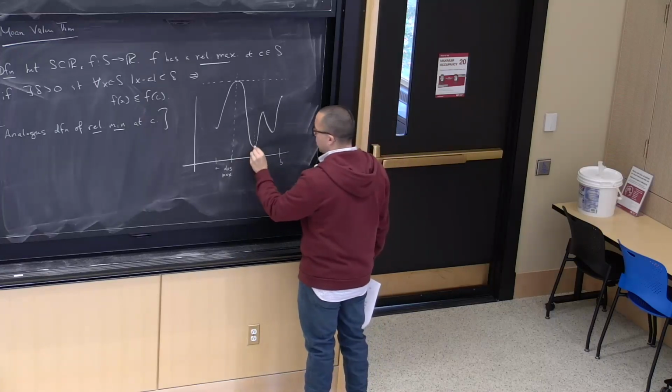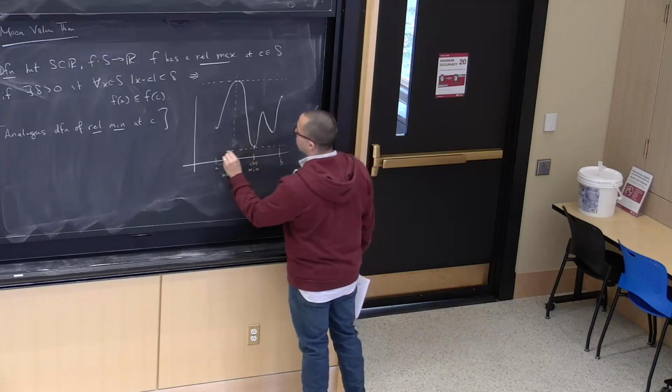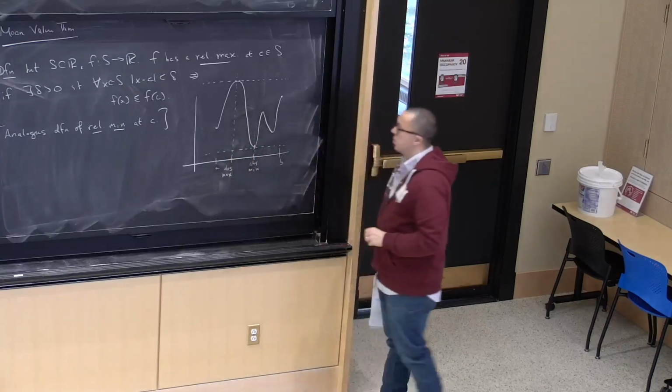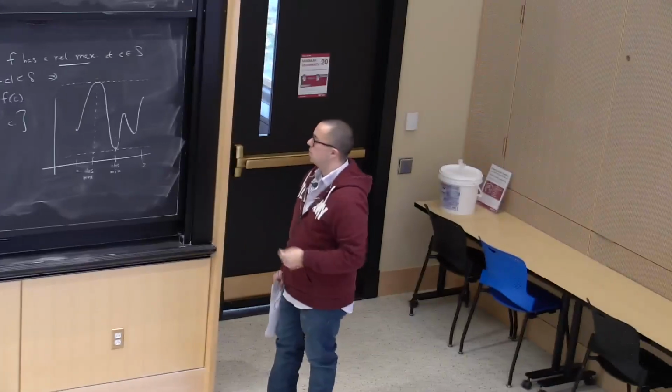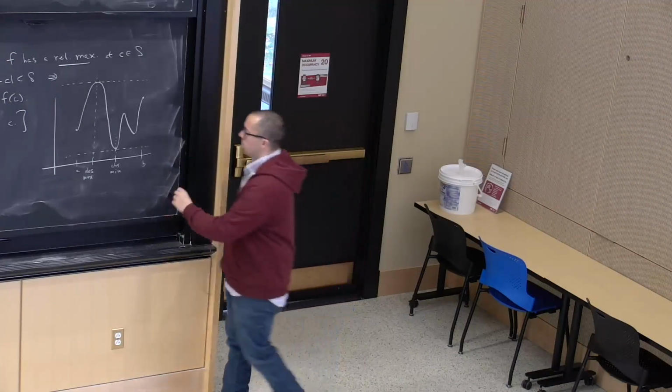Okay, and then here at this point, we would have an absolute min, right? Because the graph of the function sits above that point for all x in this interval.